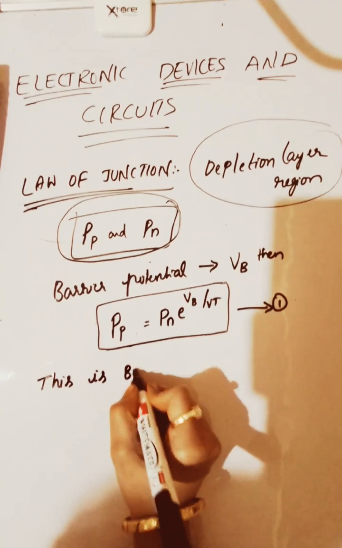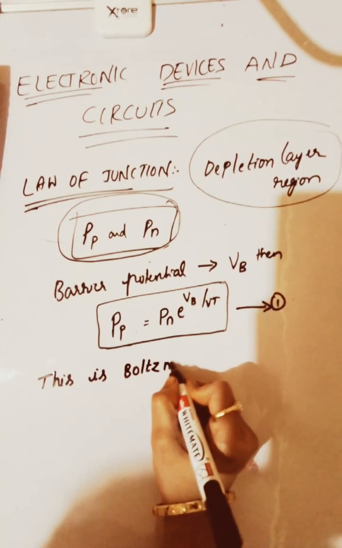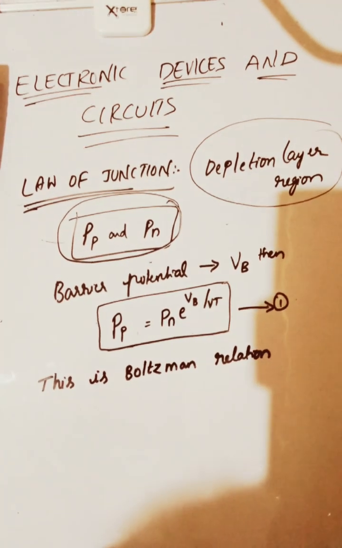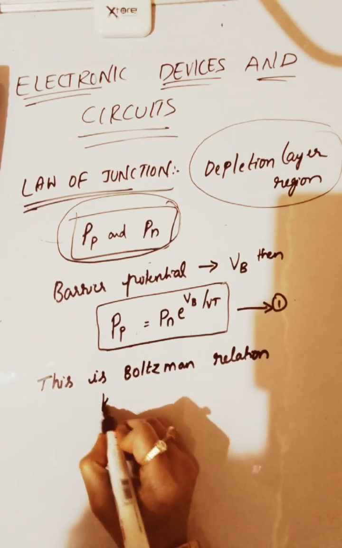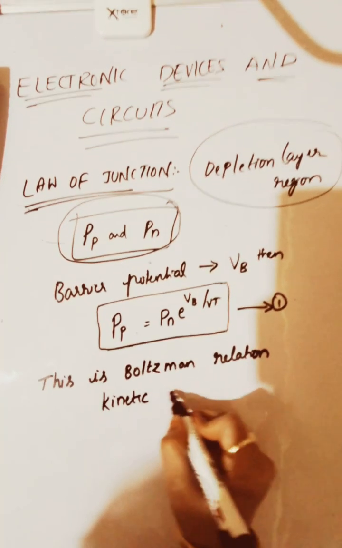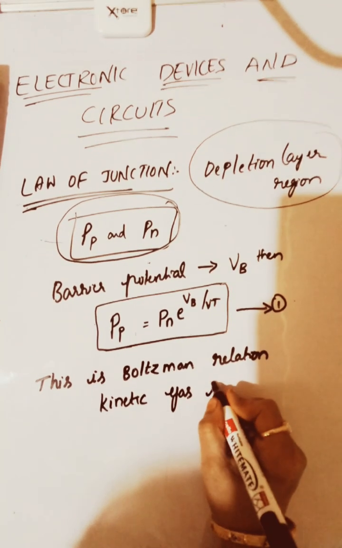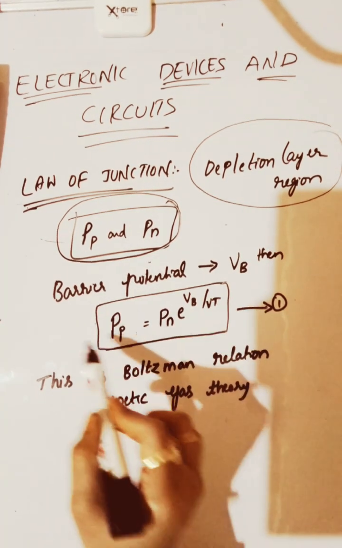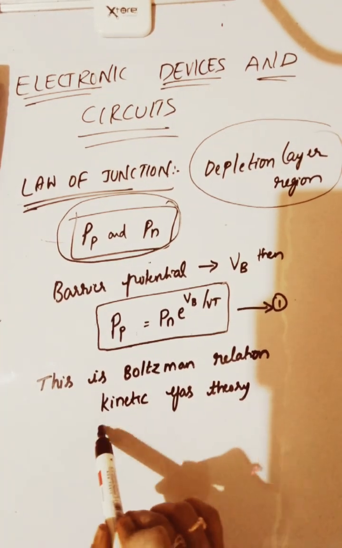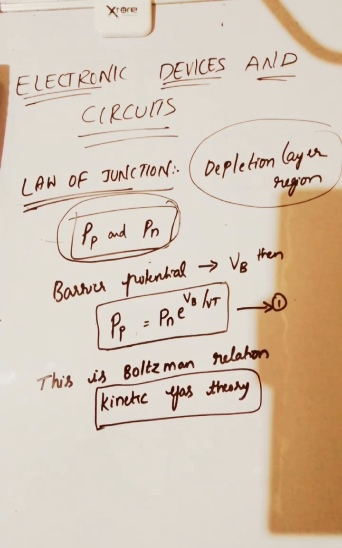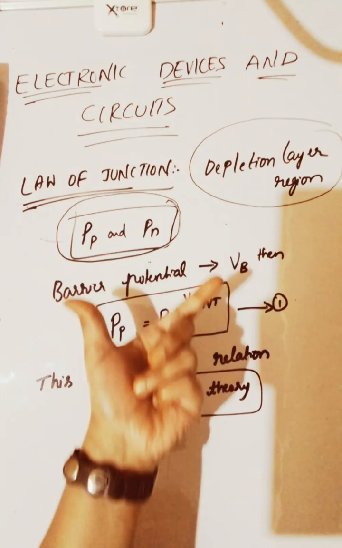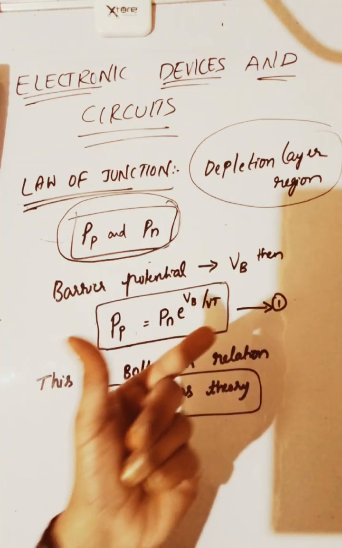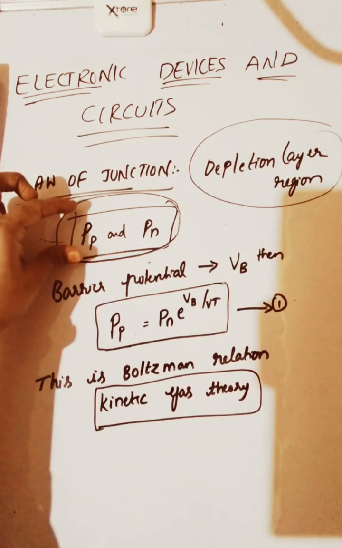All through this law of the junction, we are going to discuss P type and N type materials, where the hole concentrations are PP and PN.